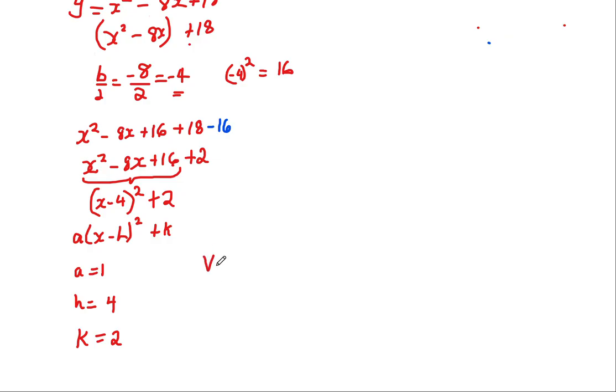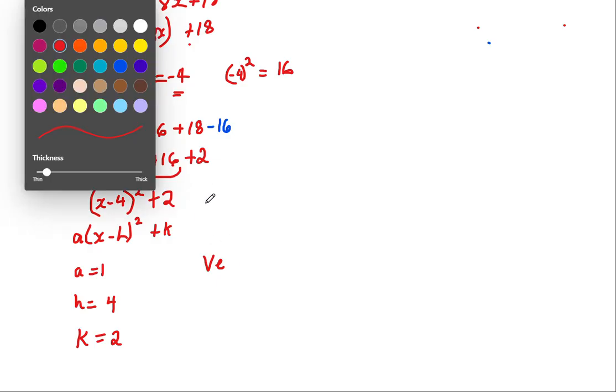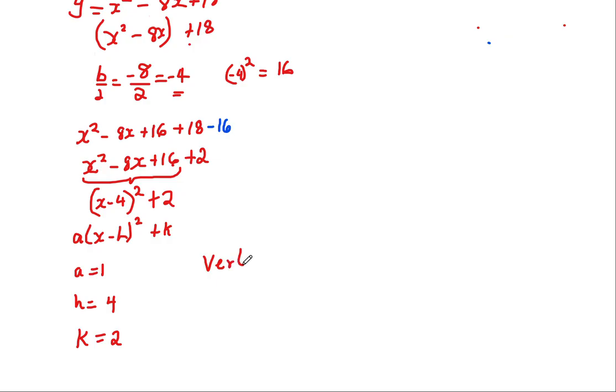Most times when we solve these kinds of problems, we're also asked to state the vertex. The vertex is normally written as (h, k). This is our vertex, (h, k).